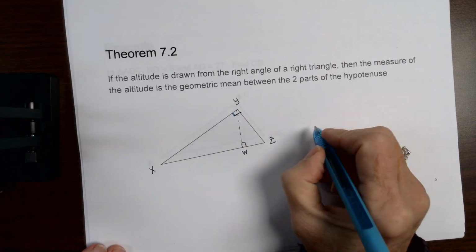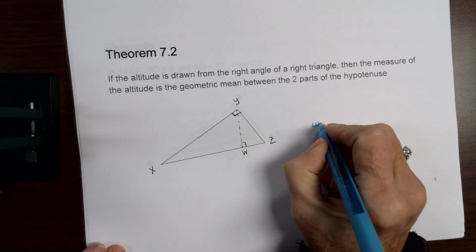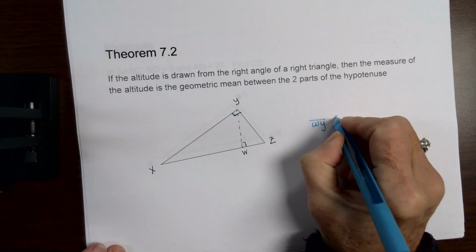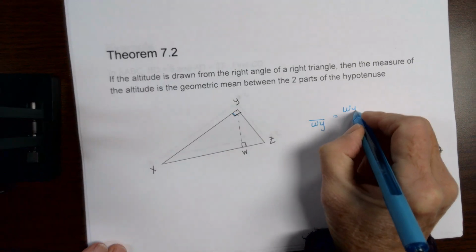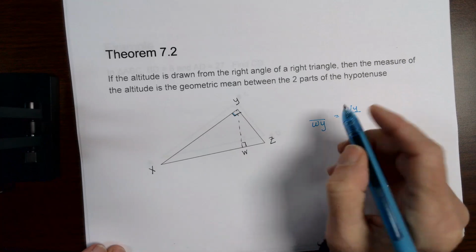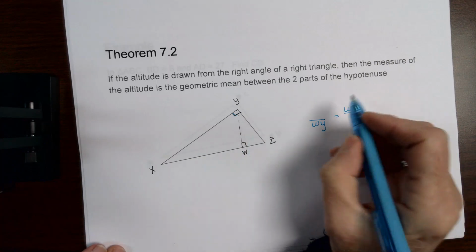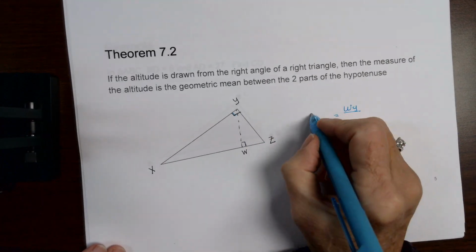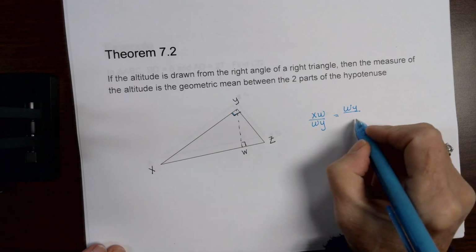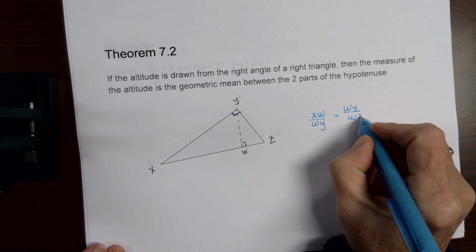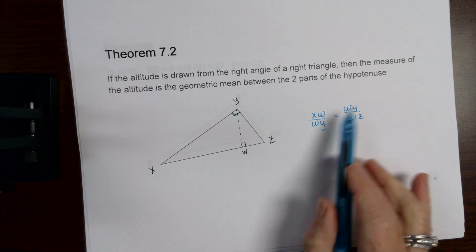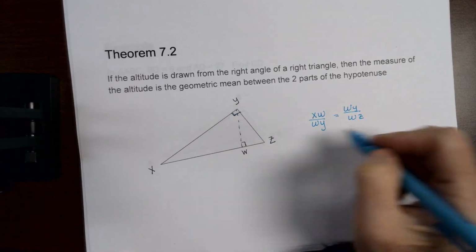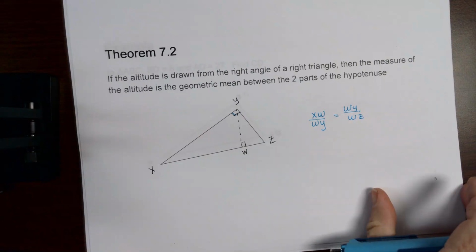So this measure, WY, which is the altitude, is the geometric mean. So I'm putting that in the mean location between the two parts of the hypotenuse. This one's the hypotenuse. The two parts would be XW and WY, z. Okay, and then I could solve, like if this was an unknown, I could multiply through here and solve.